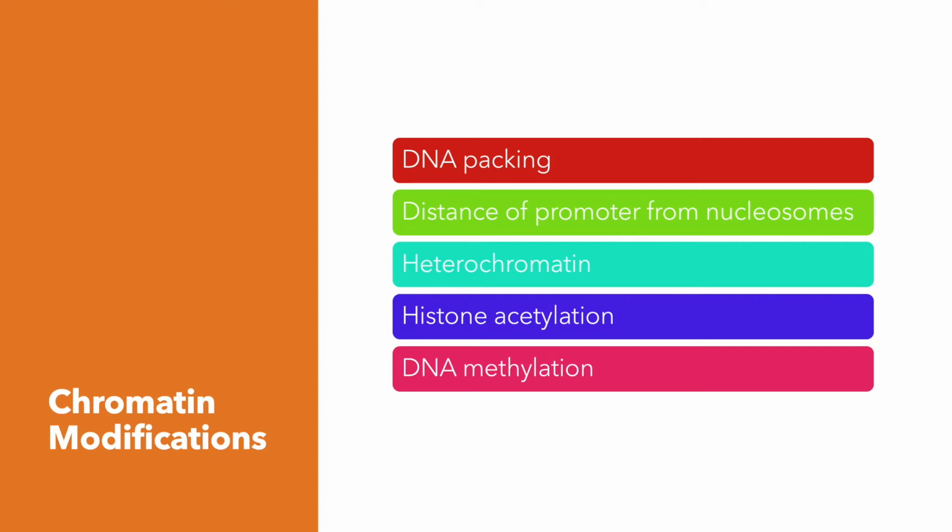This allows transcription factors to reach genes more efficiently, amplifying expression of those genes. When methyl groups are added to DNA, chromatin is further condensed, making it more difficult for transcription of those genes to take place. For more detail on DNA packing, check out my video earlier in this unit about chromosome packing.